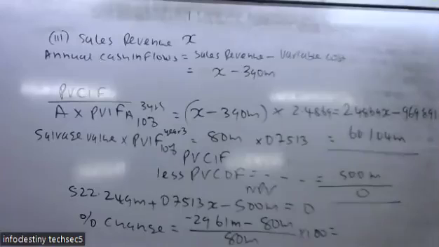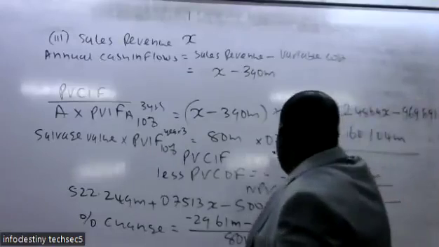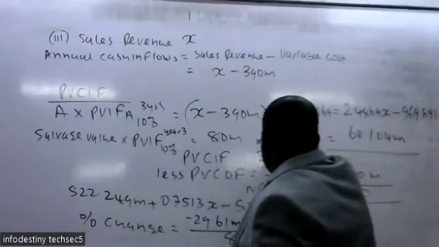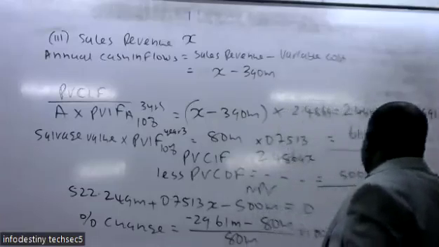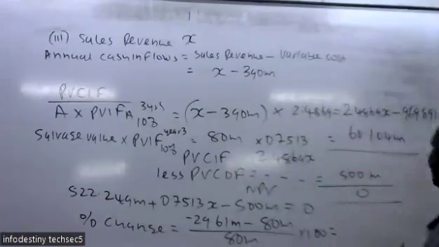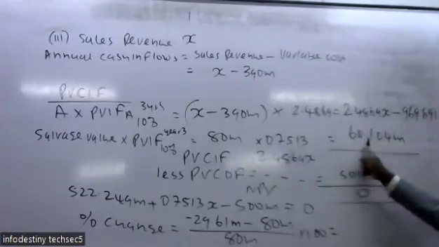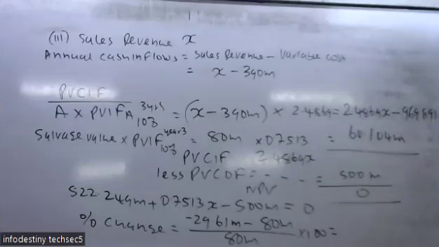So now our equation should be 2.4869 X. Remember this one we are adding here, but this one is a negative. So negative 969.891 million plus 60.104. So it will still be negative, right?